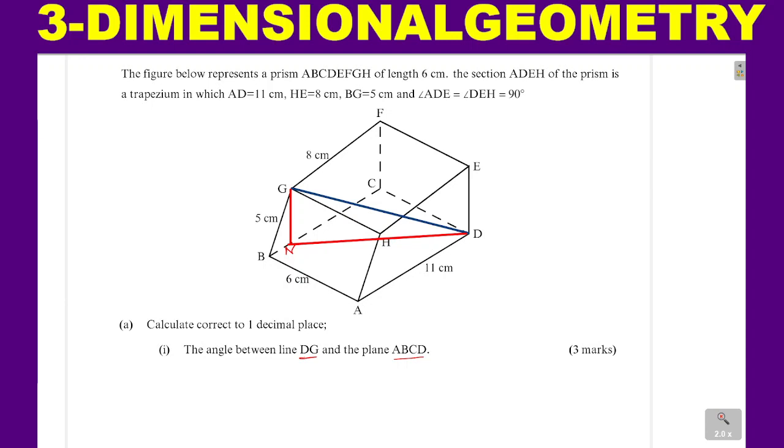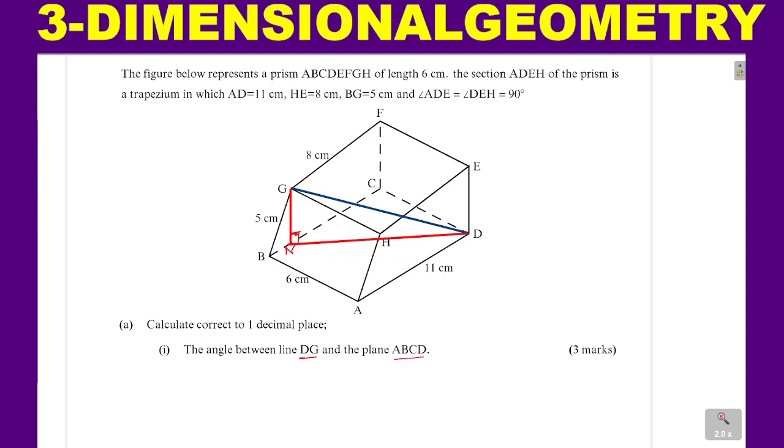And you notice that this forms a right-angled triangle at this point. When getting the angle between DG and the plane, we get the angle between that line DG and its projection on the plane ABCD. Which is that angle?